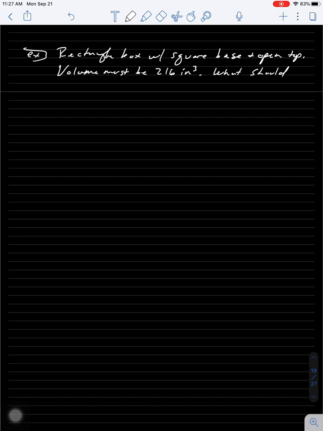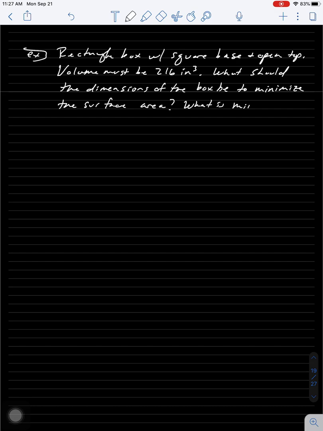What should the dimensions be to minimize the surface area? And then second question, what is the minimum surface area?